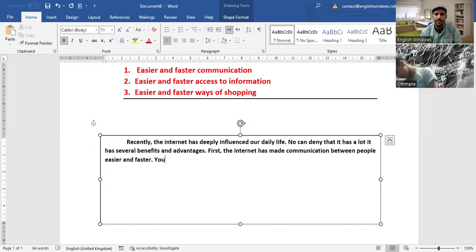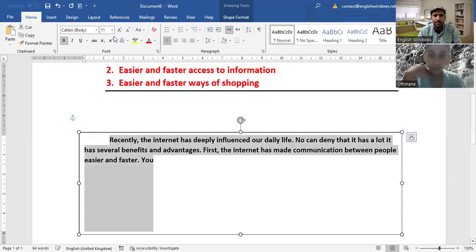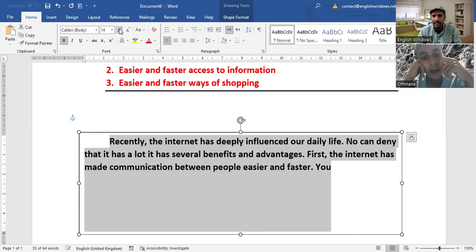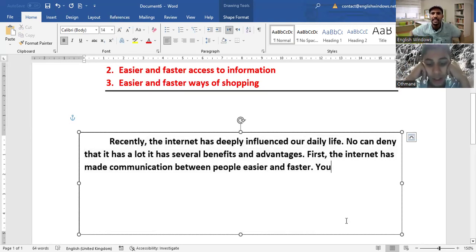Okay, so we say here that first, the internet has made communication between people easier and faster. Right, now let's just explain this idea. What does it mean that it has made communication between people easier?